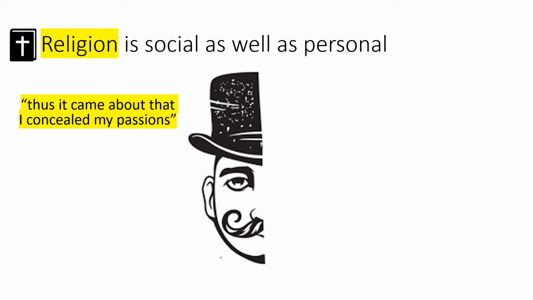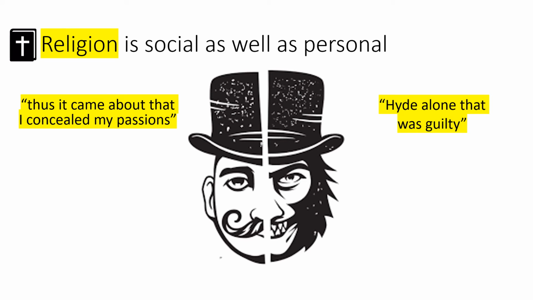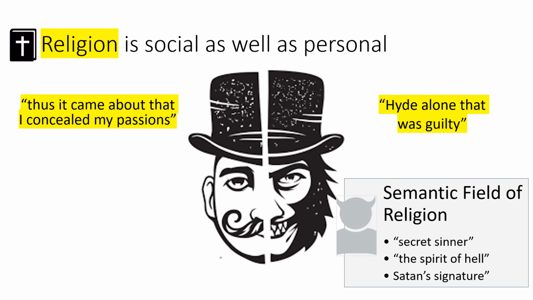And he says this quotation here. He says, "Hyde alone that was guilty." He doesn't see that Jekyll is in control of anything that Hyde is doing. And I think this resignation of his own authority is the one that destroys him in the end. He resigns himself to Hyde's clutches, as it were.